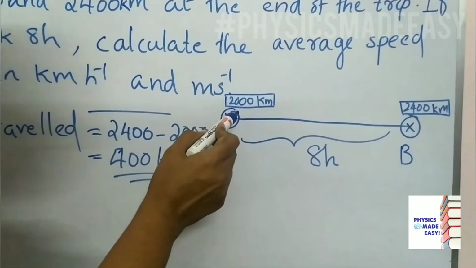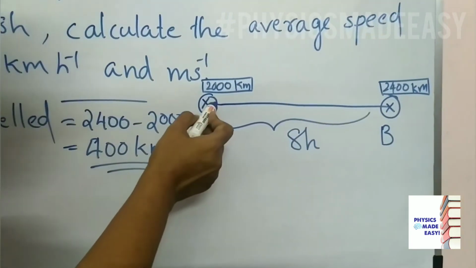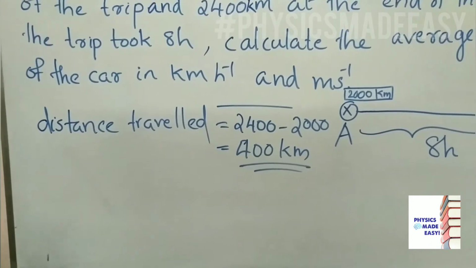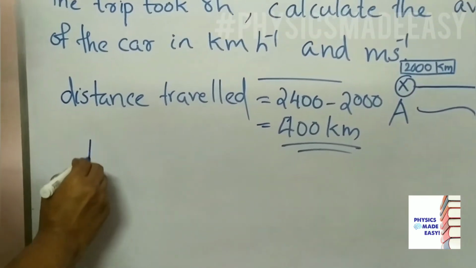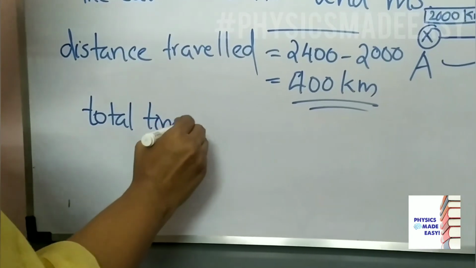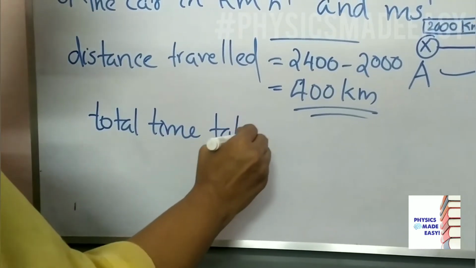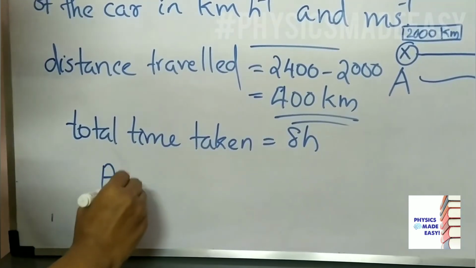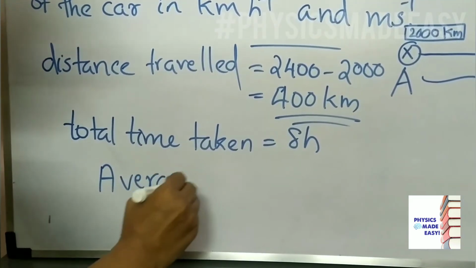From this we can say 400 kilometers is the total distance traveled by that car. Then total time taken is equal to 8 hours. From this you can find the average speed.